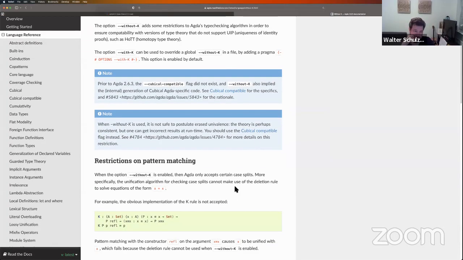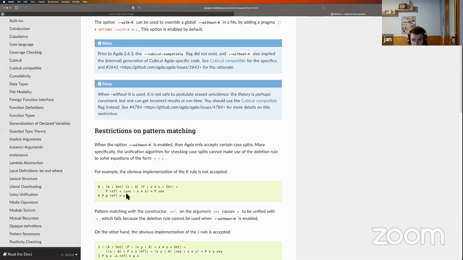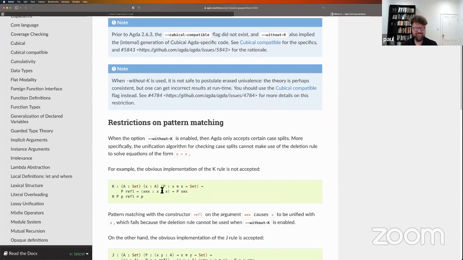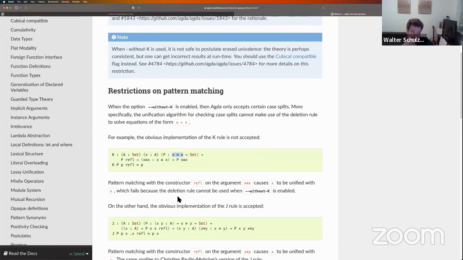Yes, exactly. This implementation is much more readable. Yes. Okay, cool. So this is the type of. Okay, I see. And refl is that.